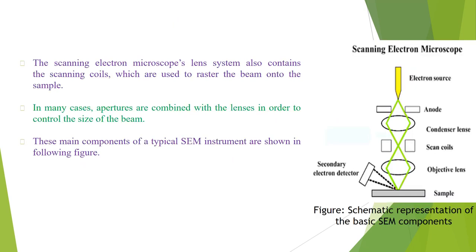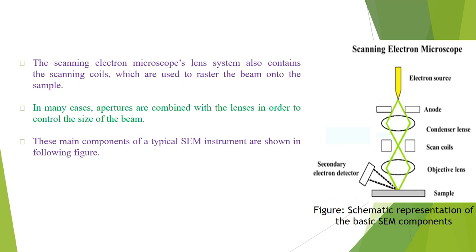The condenser lens defines the size of the electron beam, which defines the resolution, while the main role of the objective lens is to focus the beam onto the sample.